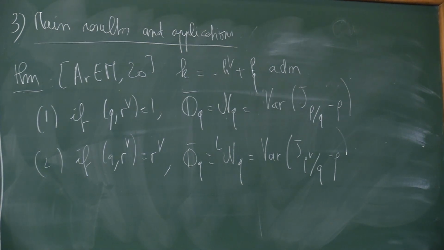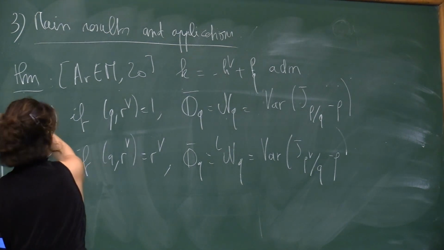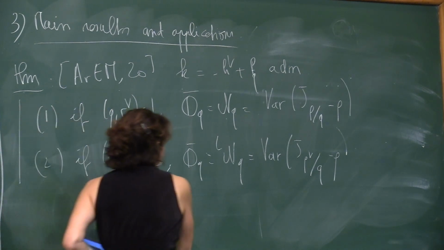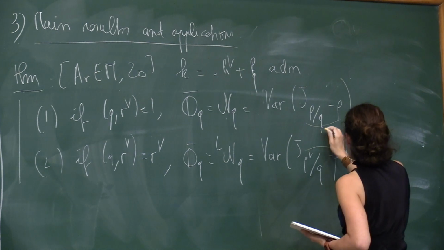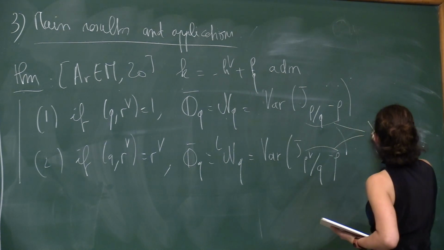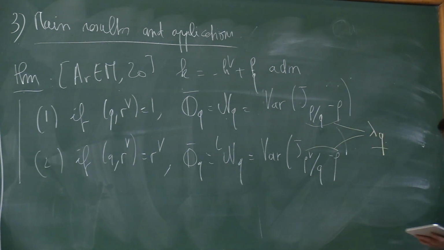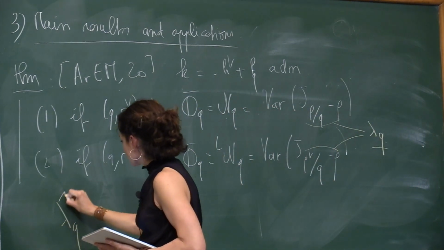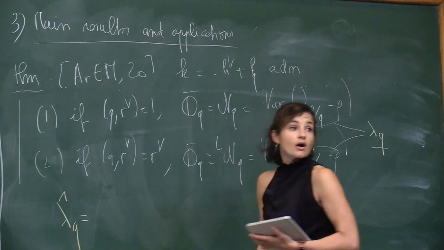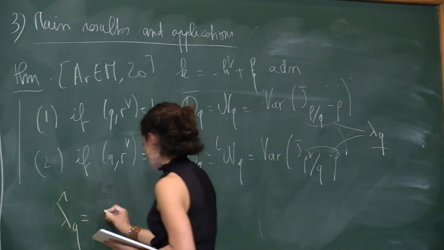So I would like to first give an idea of the proof. Maybe I denote this part by lambda_Q, whatever the case. And then I introduce the corresponding weight of the Kac-Moody algebra.